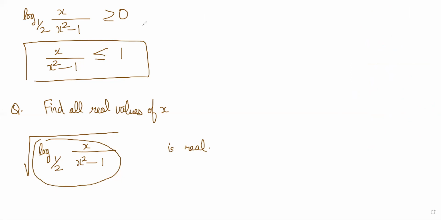Yeah, so never cross multiply in inequalities, because we don't know what the sign of this is, right? The reason for not cross multiplying is I don't know whether x square minus 1 is positive or negative. If it is positive, then cross multiplication doesn't change the inequality, but if it is negative, it reverses, right? I'll do an easier option.